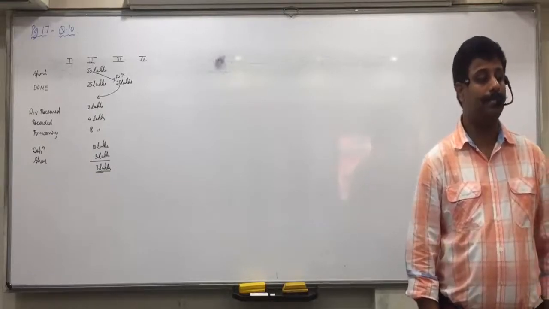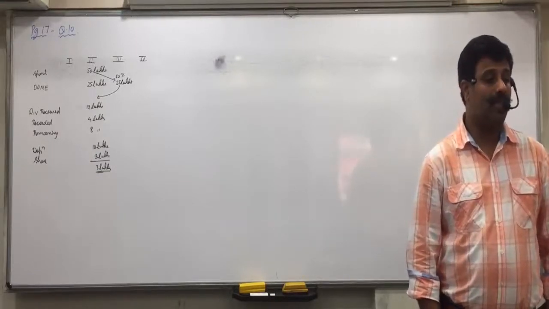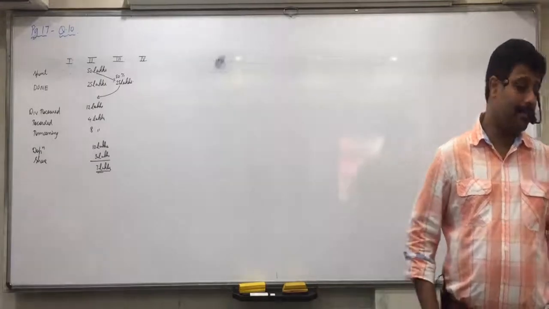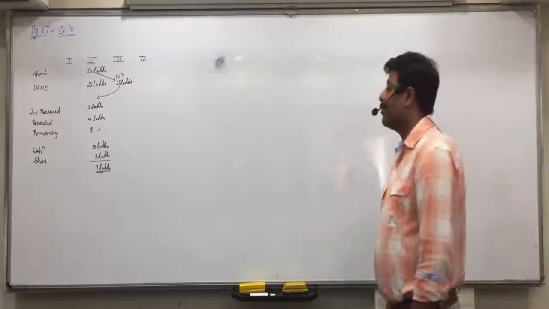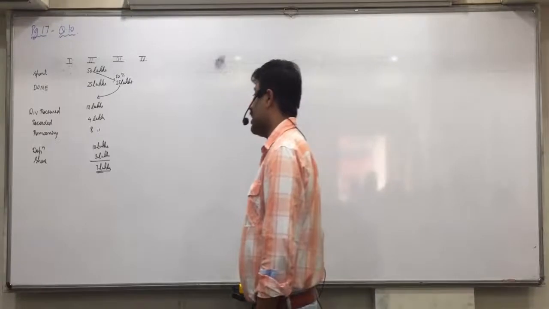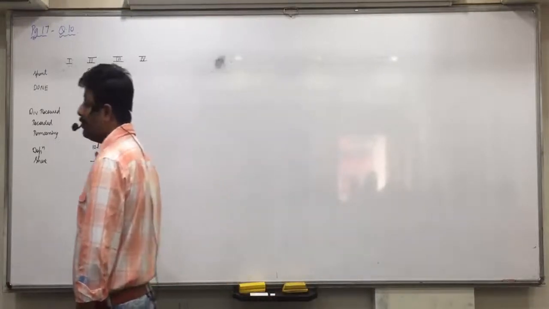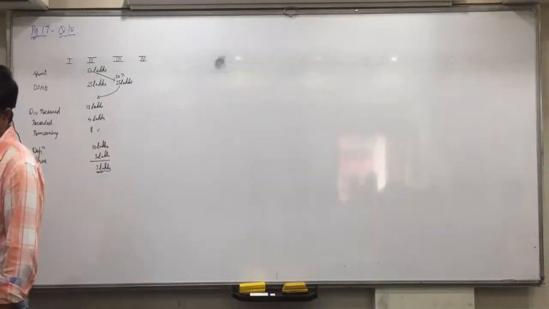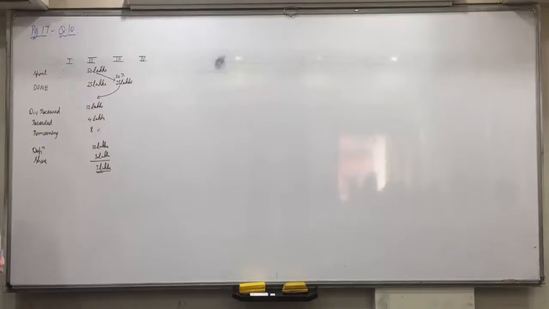So thus, profits will increase by rupees 8 lakhs. In bracket 12 lakhs minus 4 lakhs. Okay, they have taken only 4 lakhs. Further, if you take 8 lakhs in second quarter, the profits will increase.